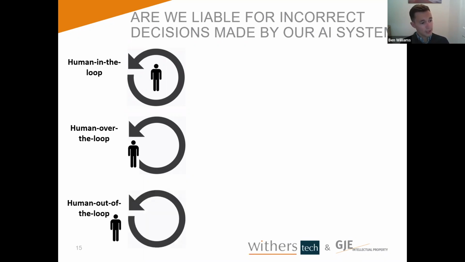And the third is a human out-of-the-loop system, where the artificial intelligence system is making all of the decisions by itself, and the human end user has no input whatsoever.